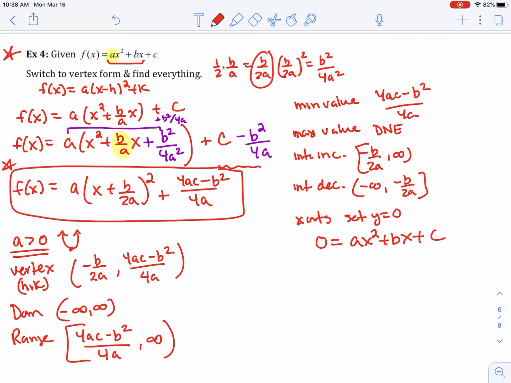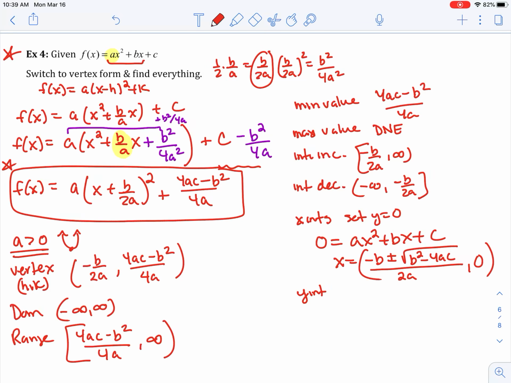What always works to solve for x is our quadratic formula: negative b plus or minus the square root of b squared minus 4ac, all over 2a. So our x-intercepts would be that, comma 0.